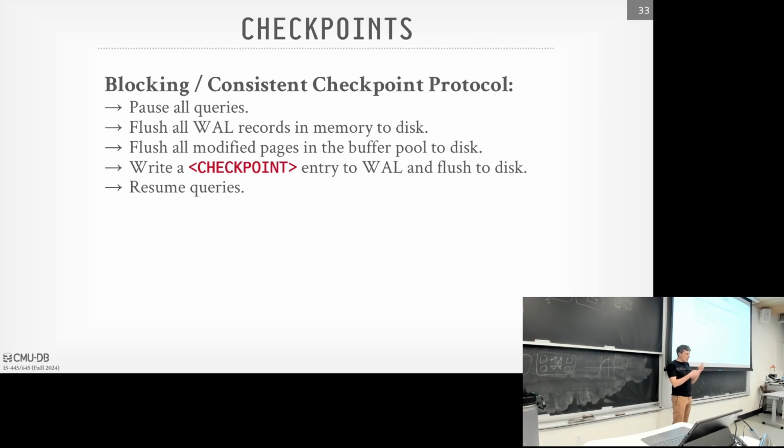Maybe if some queries start running, let them finish, right? You basically stop everything. Then you flush out the log records that are in memory to disk. Then you flush out all the dirty pages that are in the buffer pool out to disk. Write a checkpoint entry into the write-ahead log file, flush that, then unpause everyone.